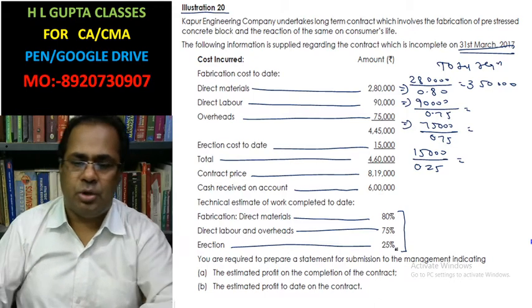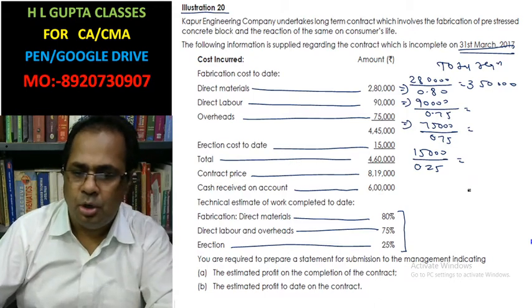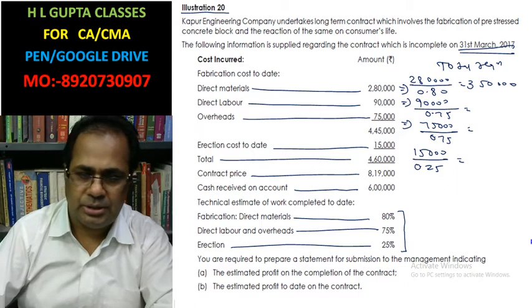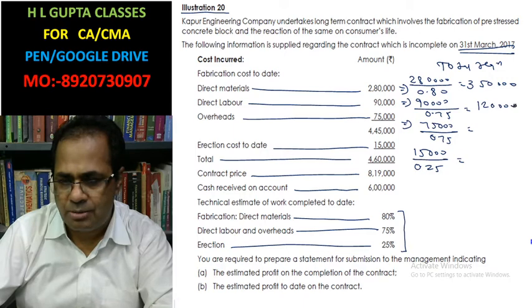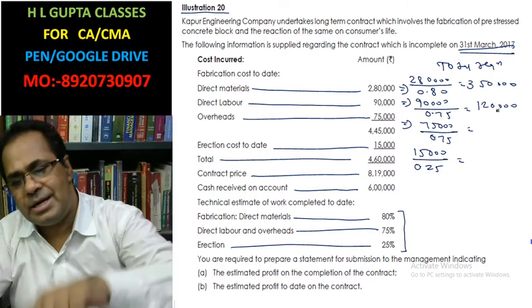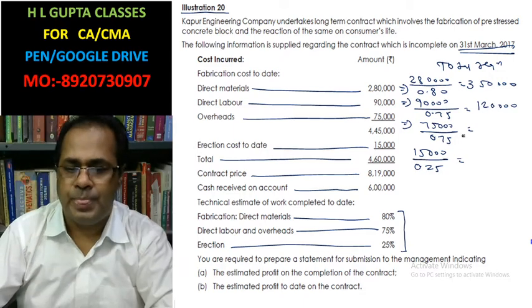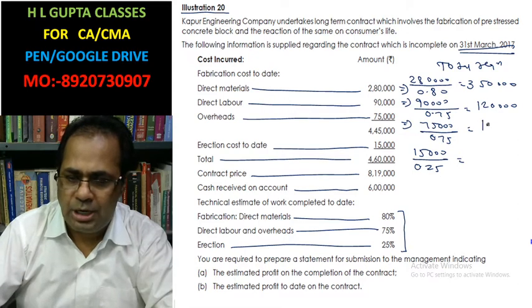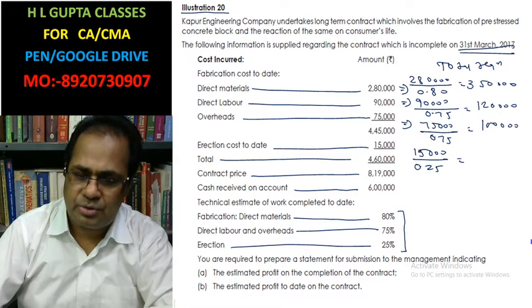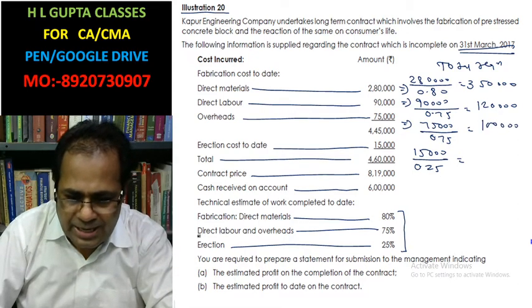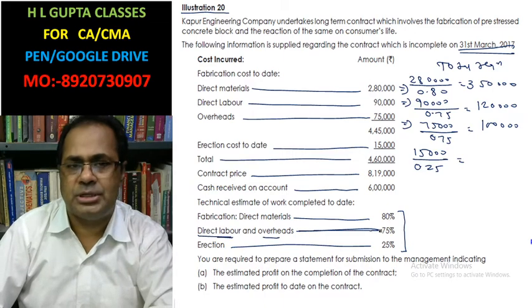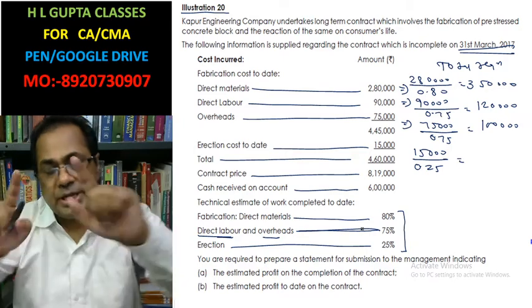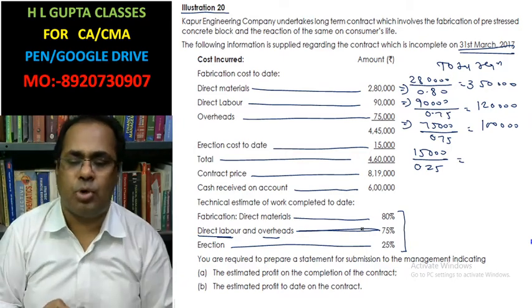In the case of direct labor, 1,20,000 is required, out of which 90,000 is already used. In the case of overhead, 1 lakh is required. Why 0.75? Because the direct labor and overheads completion stage is 75%; the remaining 25% the company still has to work.